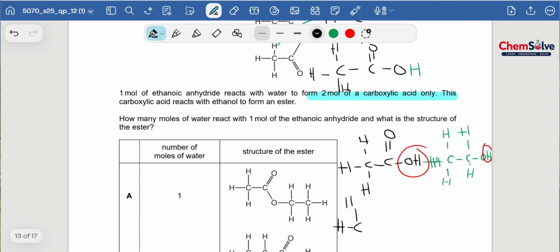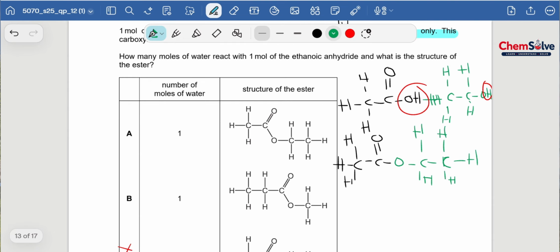H C H H C double bond O O C H H H H and H. Now this is our final structure.